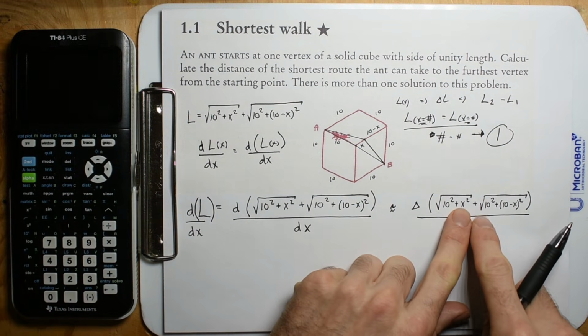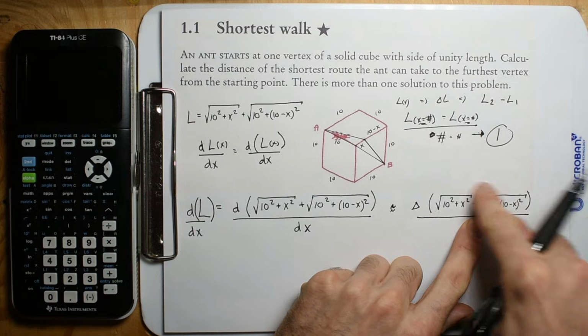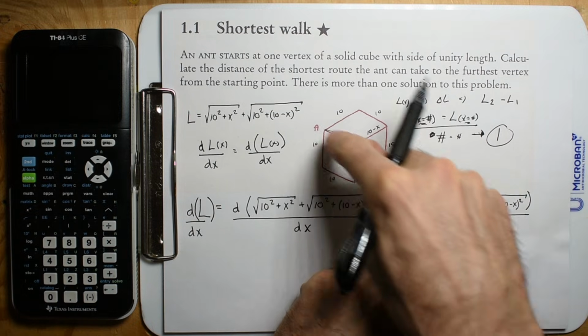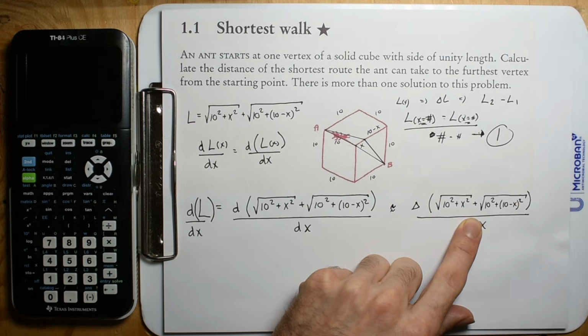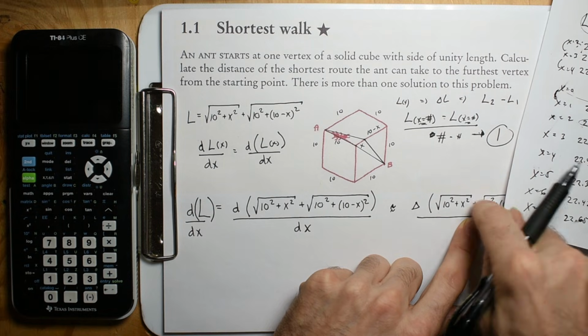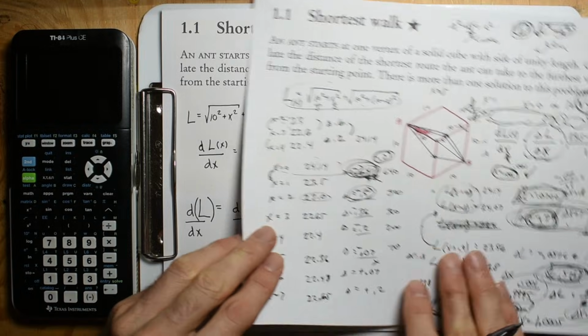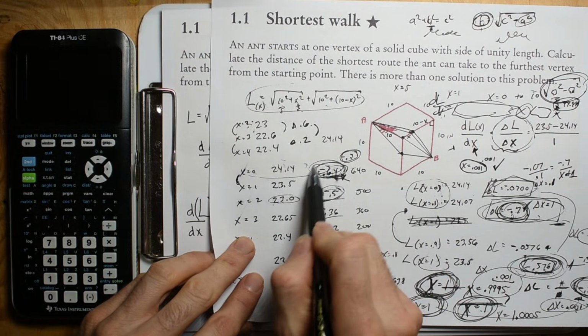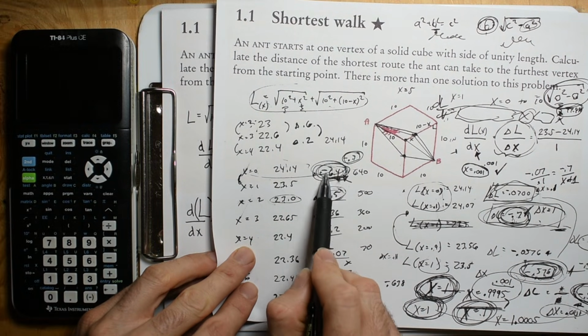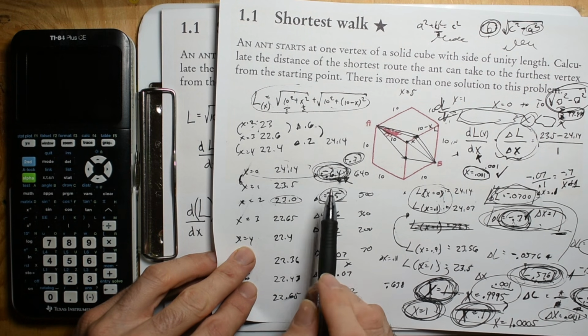If I throw in x equal to 0, I get that longer length. Throw in x equal to 1, and we get a little bit less. The change in length is the difference between those. We figured that out, and that was the first one we wanted to hone in on, this negative 0.64.